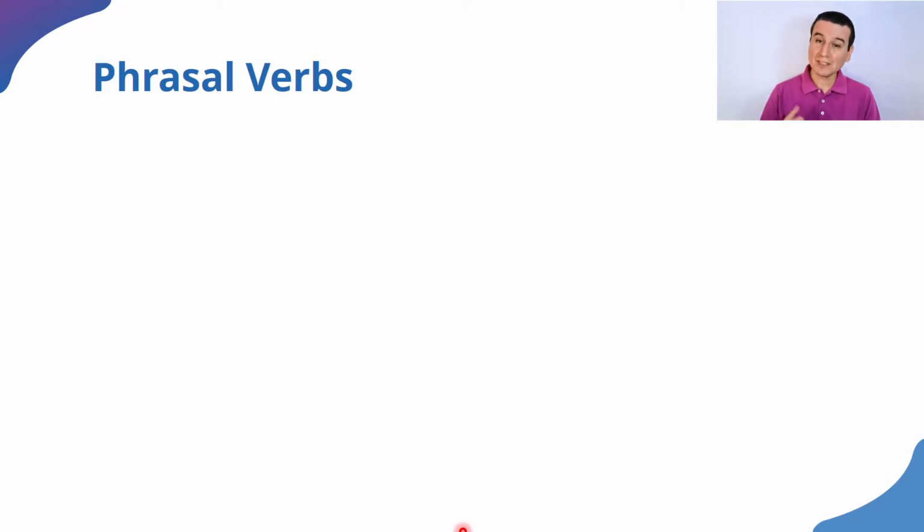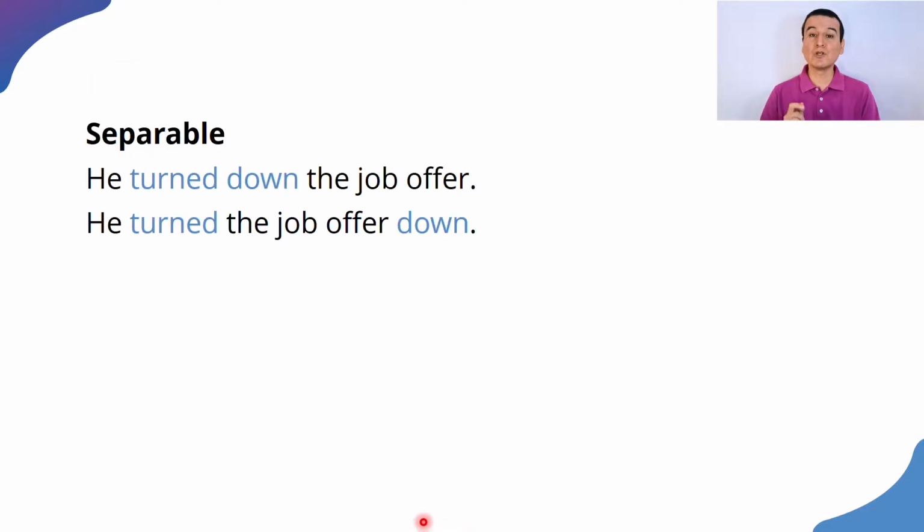All right? So phrasal verbs are usually composed of a base form, like in the examples that I have here for you. He turned down the job offer. We have the word turn, which is a verb, and we have another element, which is usually an adverb or a preposition, mostly a preposition, and the combination of those two elements creates a new word.